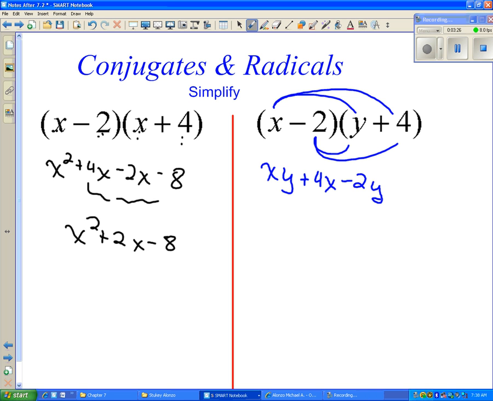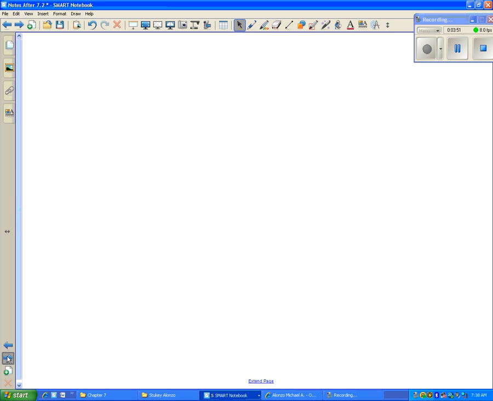And last, negative 2 times 4 is negative 8. Where on the first problem my middle terms combined to get 2x, none of my terms here are like terms, so I cannot combine anything. So that is my FOILing, and that was just to remember how this works.